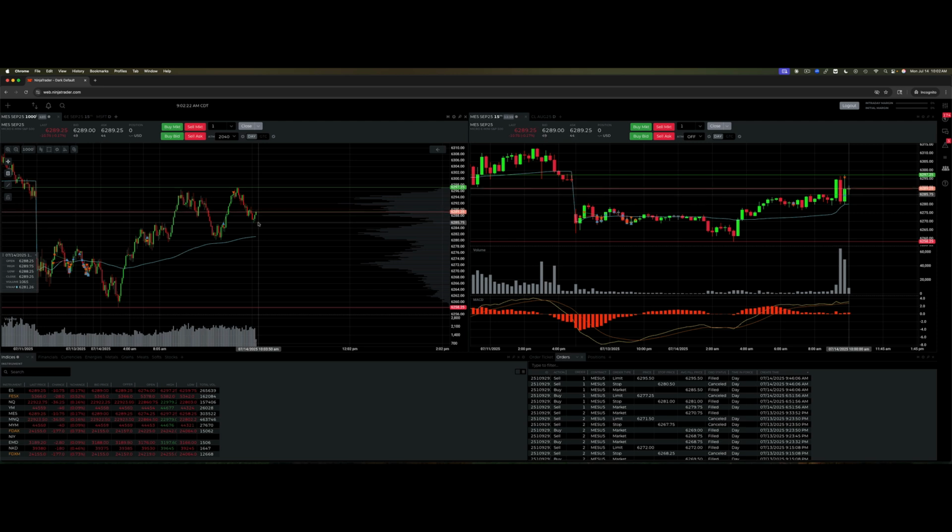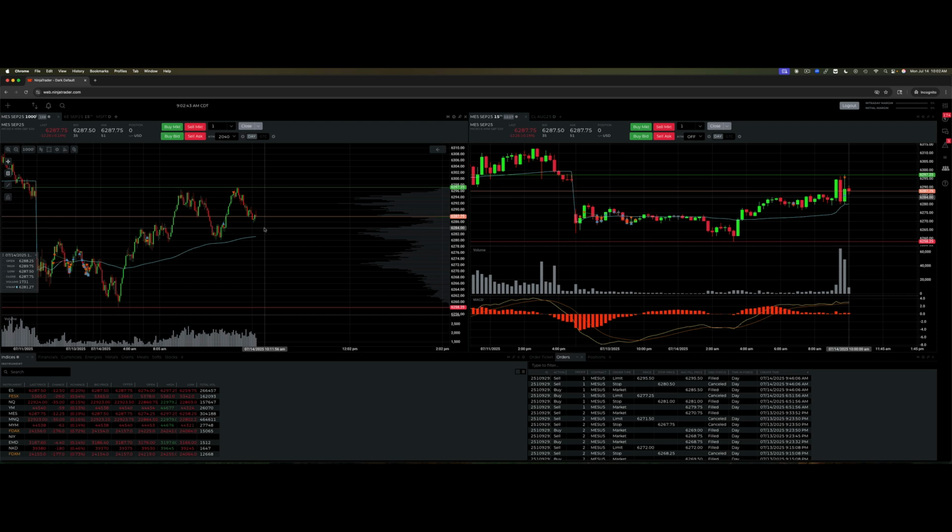So I could get in right here basically. So maybe it goes back up. So this could have been my earliest entry, and then my stop loss would have ended up down here, which is I guess fairly safe. So yeah, if we come back down here again, I'll get an entry. But if not, then I missed the ride.